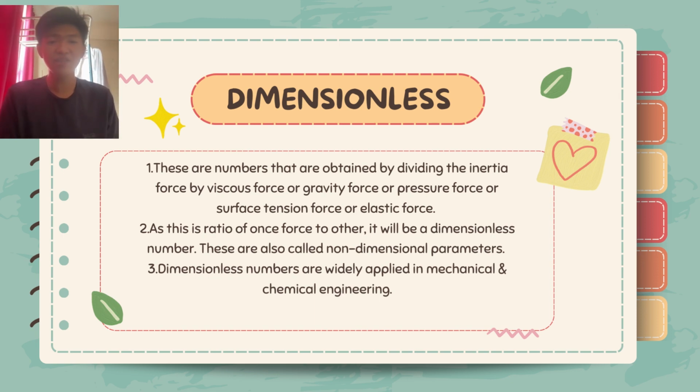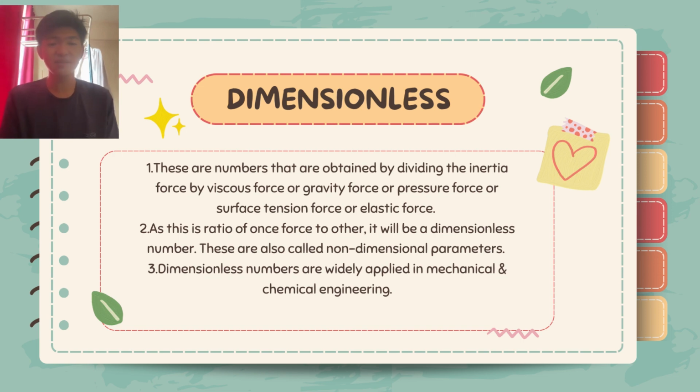Just now I mentioned that specific gravity has no unit, or in other words, it is dimensionless. A dimensionless number is a number obtained by dividing the inertial force by viscous force, or gravity force, or pressure force, or surface force, or elastic force.